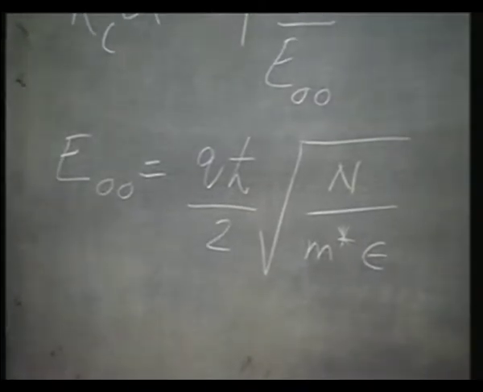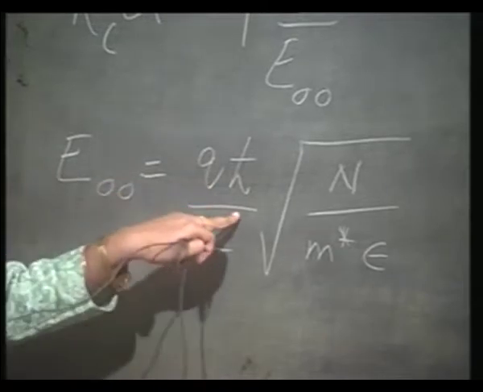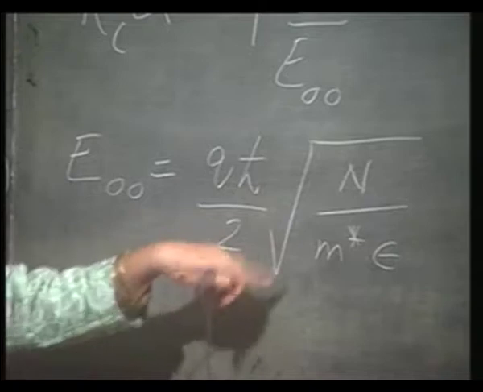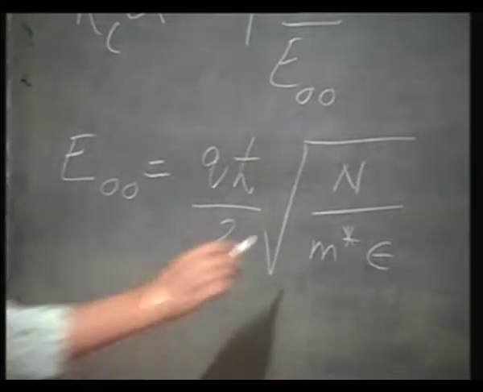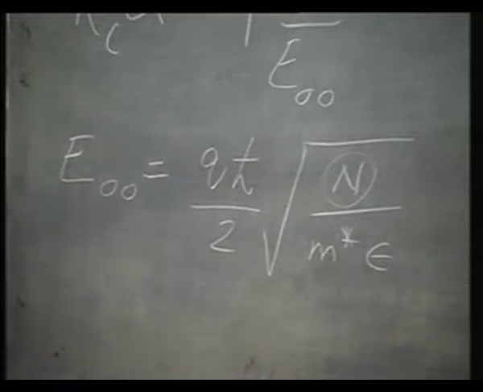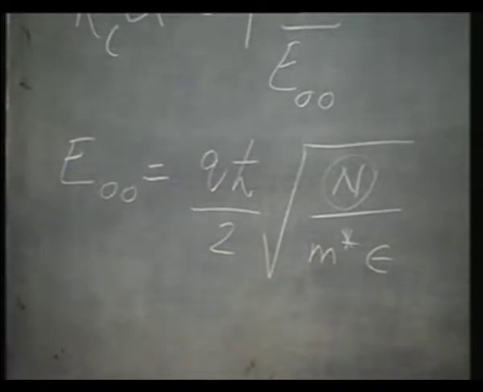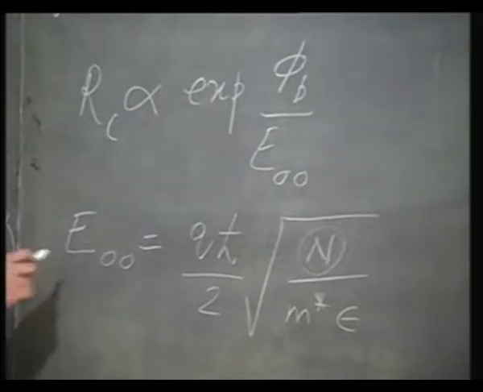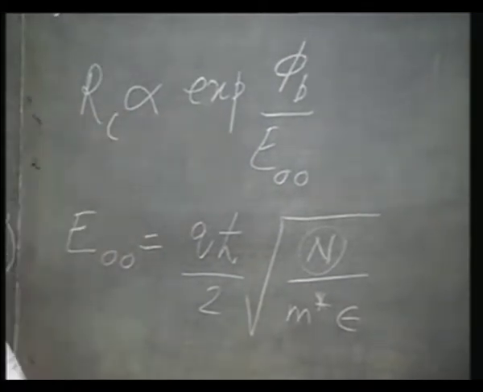E00 is given by q h-bar, where h is Planck's constant, by 2 square root of n by m* epsilon, and n is the doping concentration of the semiconductor. That means the higher the doping concentration, the higher is E00 and the lower is the contact resistance.